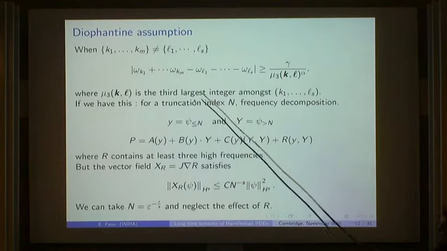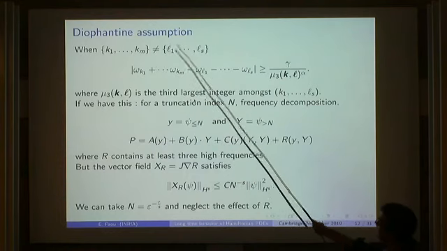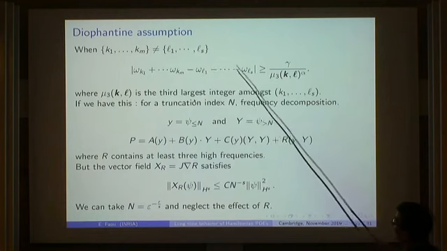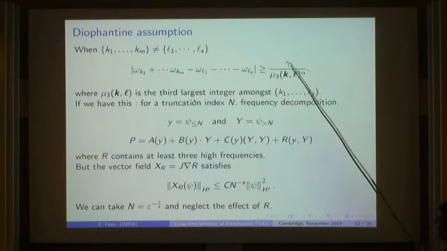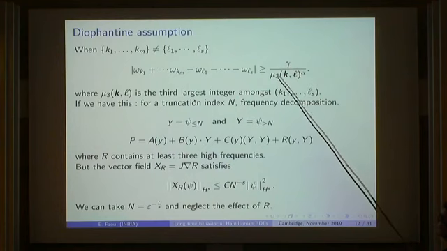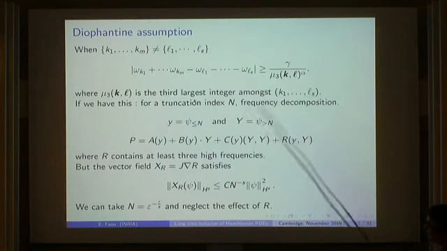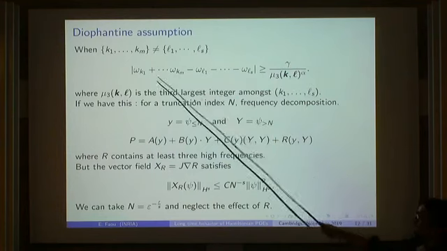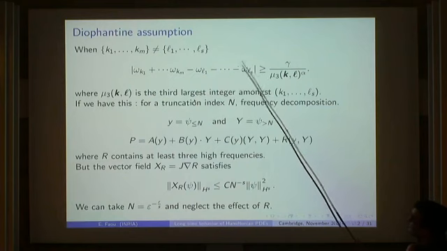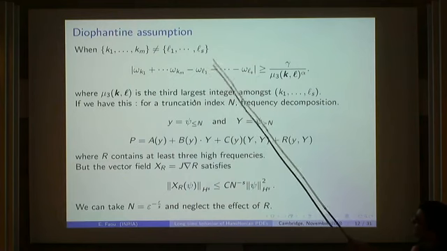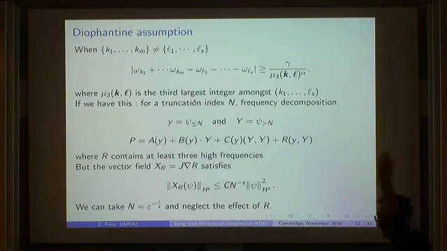So you will say that if you take K1, Km, L1, Ls, if you take such a sum and difference like this, you control it by gamma, which is a constant, and mu3 of KL means the third largest integer amongst all of these. So this is absolutely non-trivial because you will have two integers among them, say K1 and L1, who can be arbitrary.